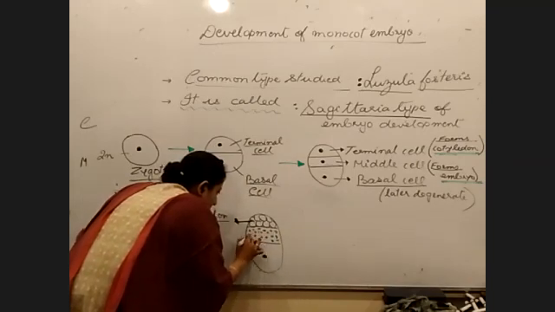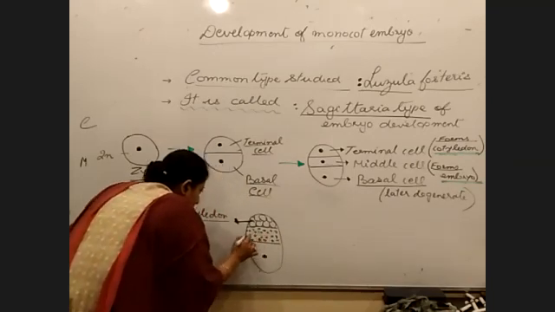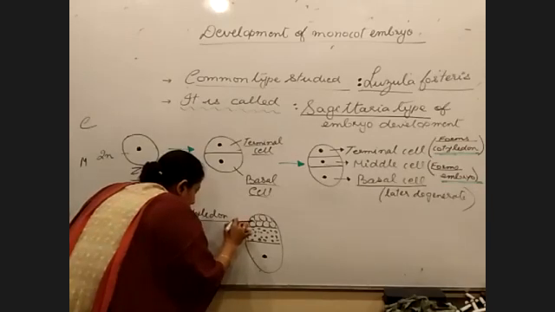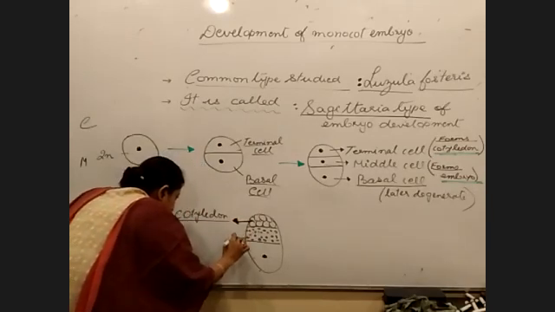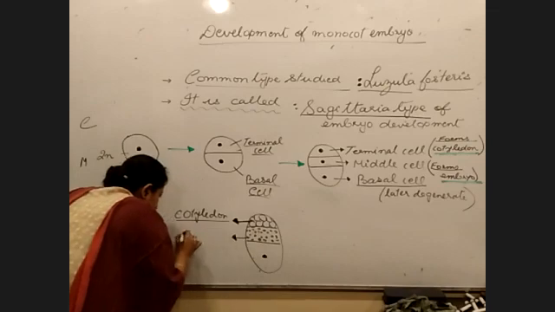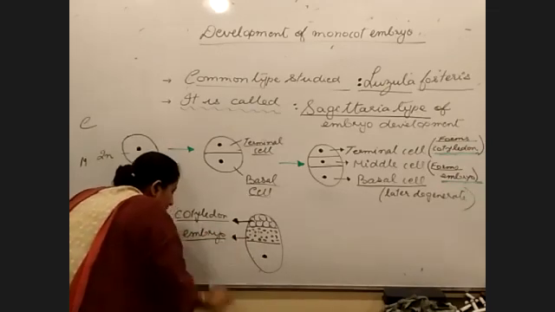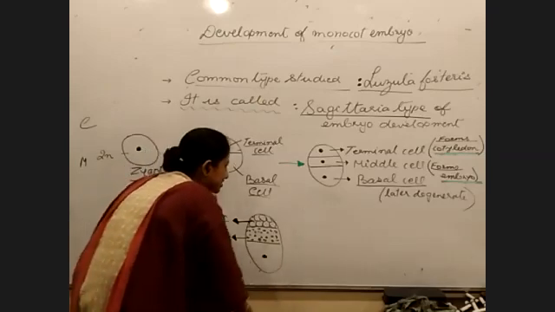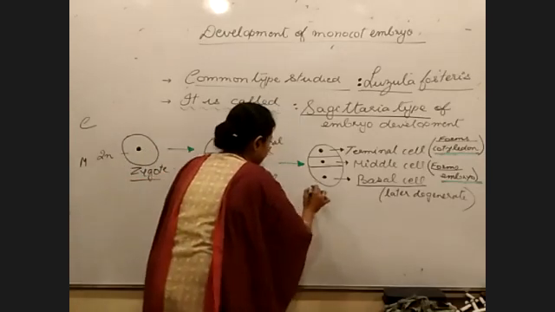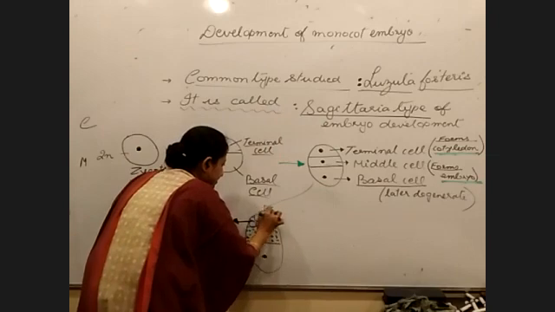This cell will divide and redivide and form the embryo. A basal cell, as I said, will degenerate later. So after this diagram, we'll see this diagram.